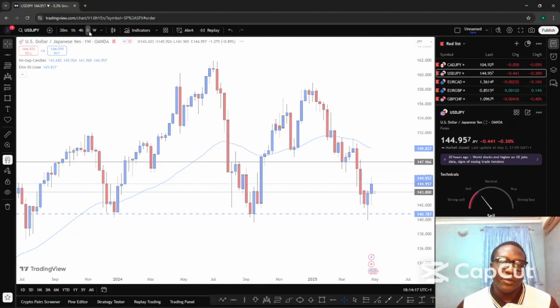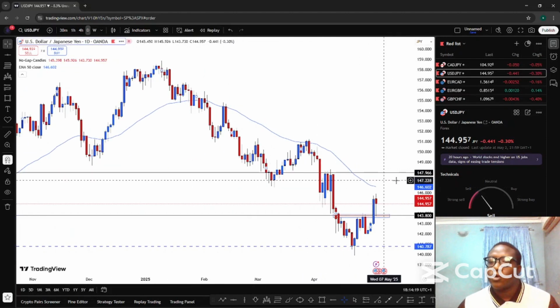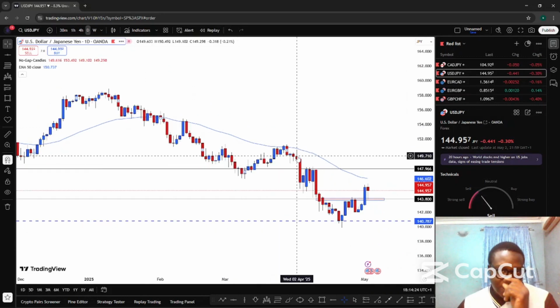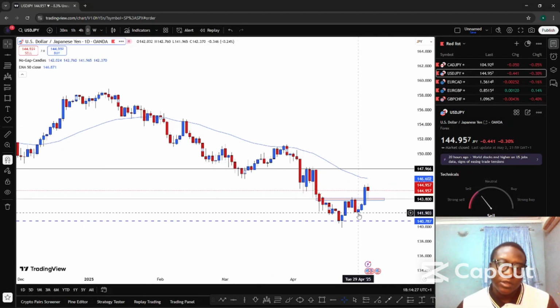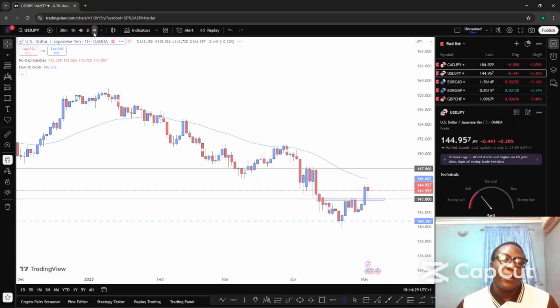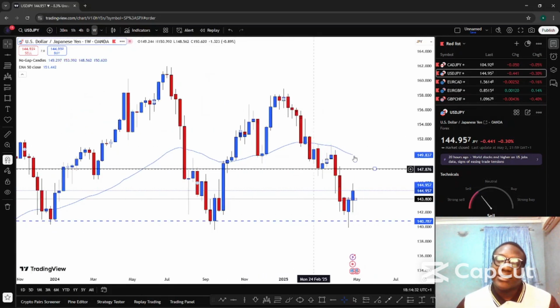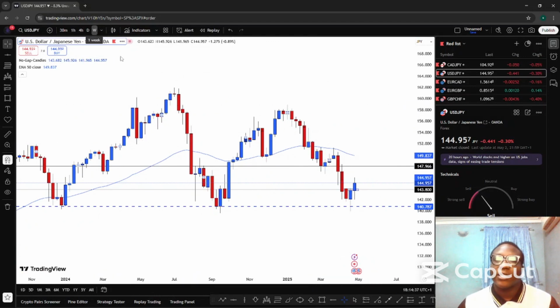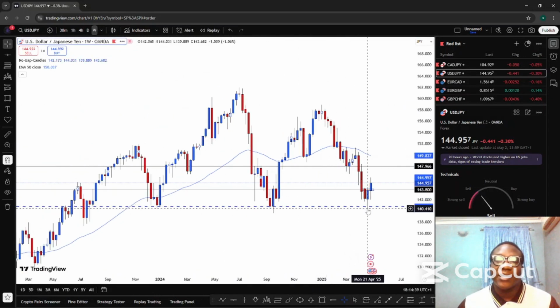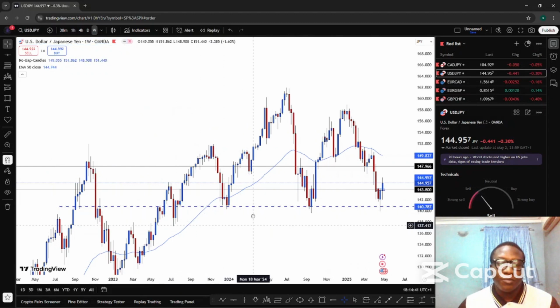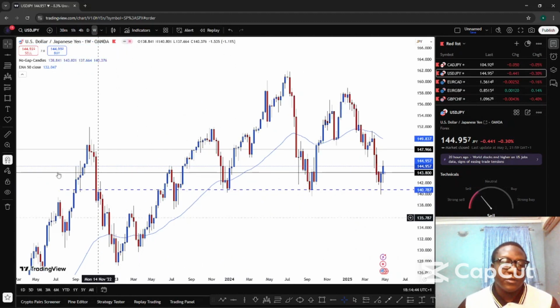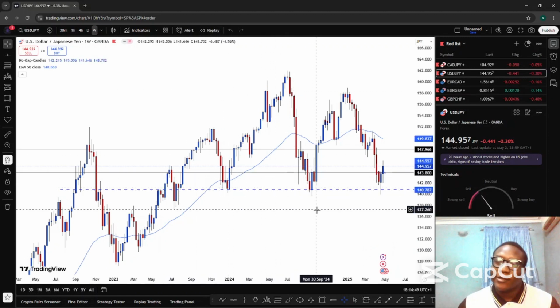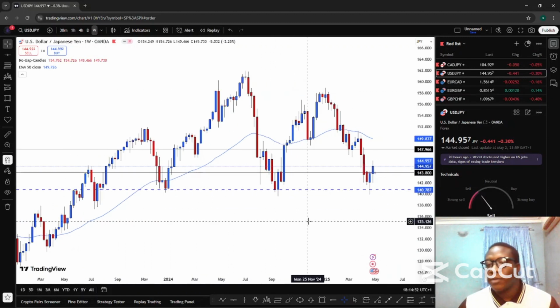But on the daily time frame, you can see that the market is currently bullish. Why I will be interested in taking this trade is because if you look at the weekly time frame, we are at this low where anytime the market came to this low, you can see we have rejections, and these rejections are not just small rejections, they are big rejections.